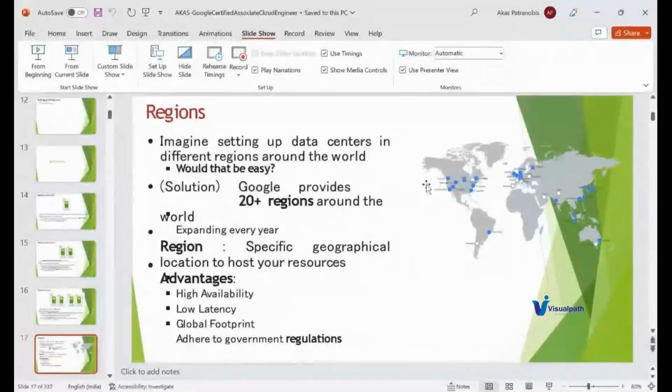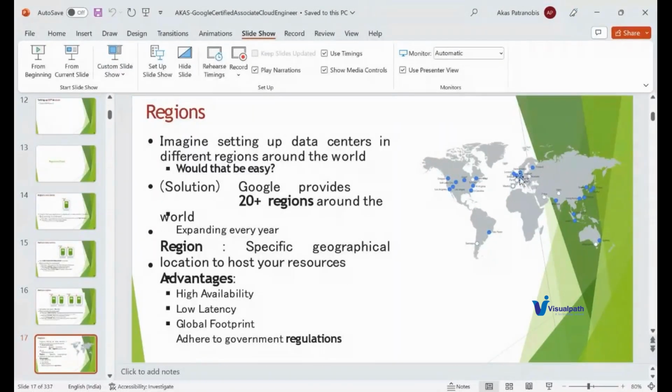It covers US East, US West, then India, the Asian countries. For Europe they have EU Central, EU East, EU West.